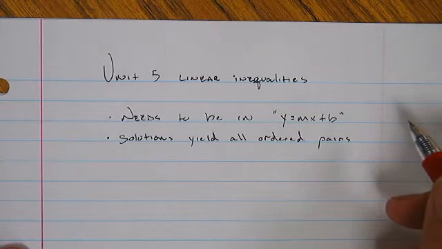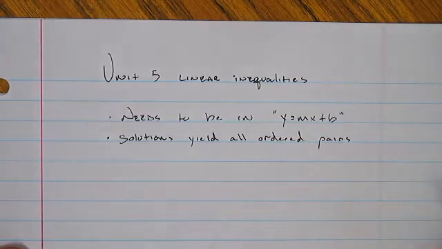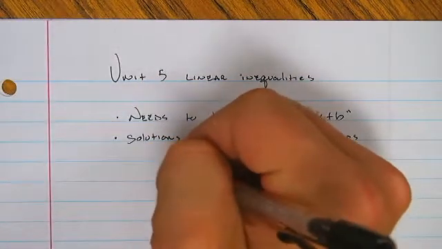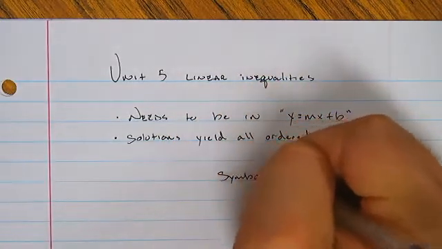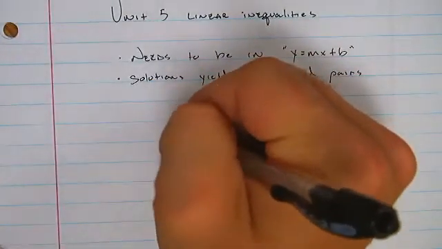And so we need to know a couple things about the solutions that are being represented. And it has to do with the symbols, right? So if you recall inequality symbols, the symbols for an inequality are as follows.